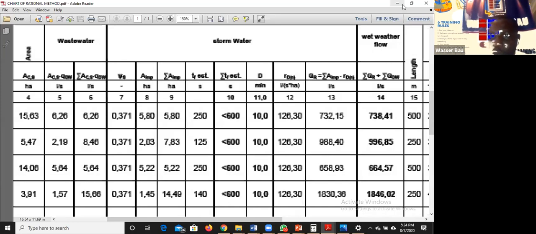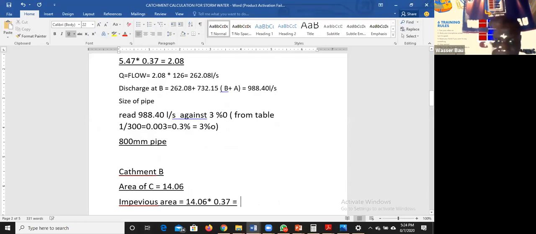And that will give you 5.22. So the real area is 5.22. Although the actual size of the land is 14 hectares, the area that is representative of the one contributing to water is 5.22.